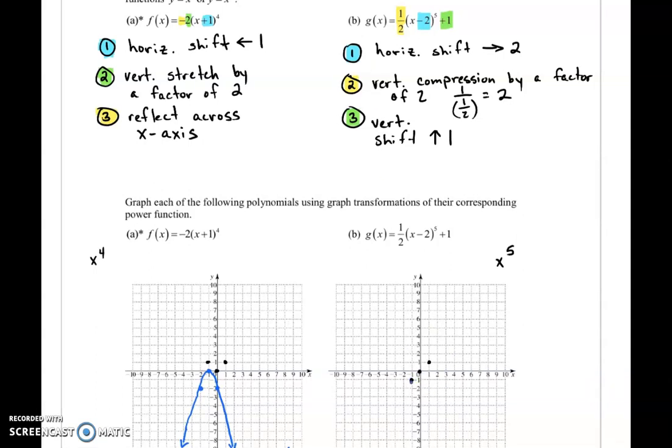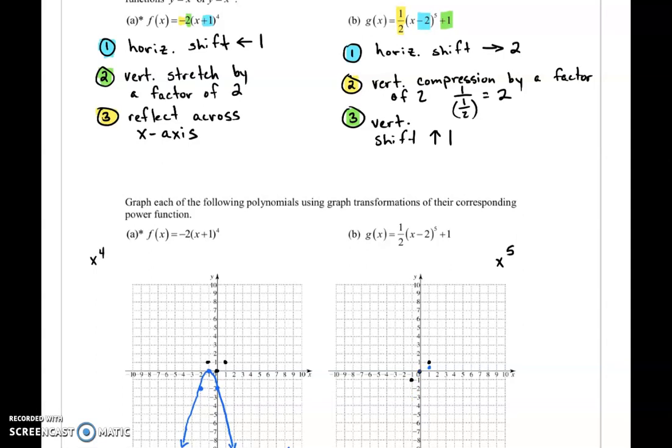We shift horizontally 2, 1, 2 to the positive direction. Then we cut the y value in half. So our y value is currently -1. If we cut it in half, we're at -1/2. And then we add 1. So that puts it at +1/2.